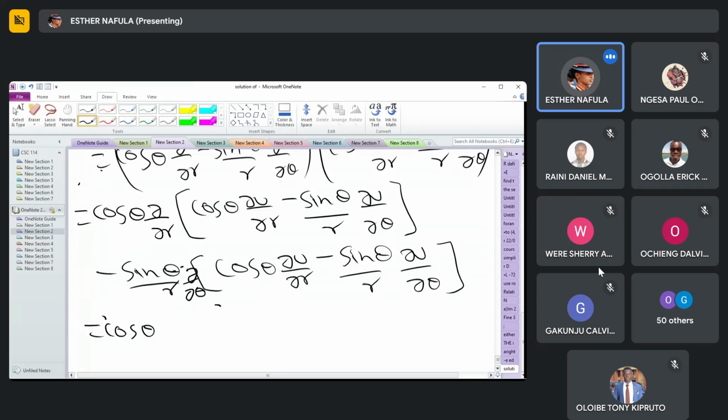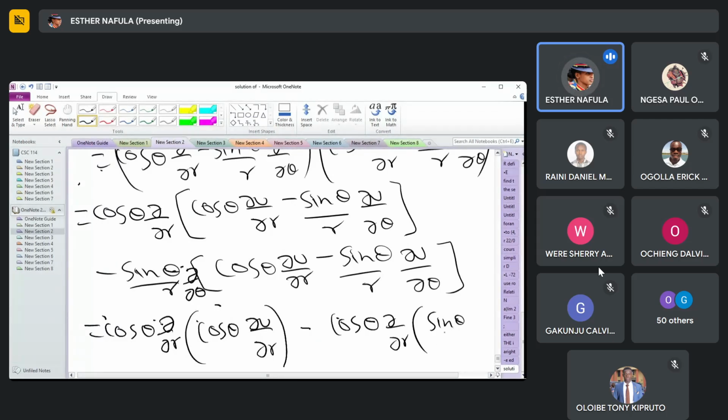So if we distribute cos theta partial r in the first bracket, what do we have? This is cos theta partial r of cos theta partial u partial r, minus cos theta partial r of sin theta over r partial u partial theta. Let's distribute the minus sin theta over r in the second bracket.